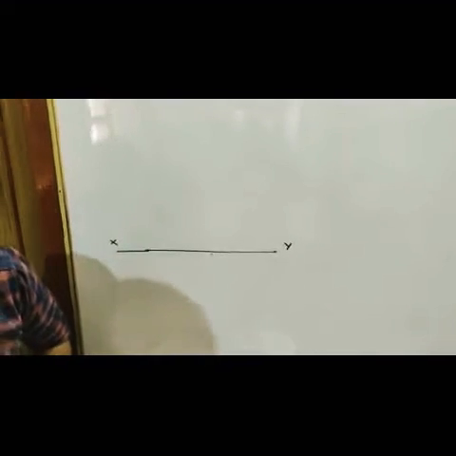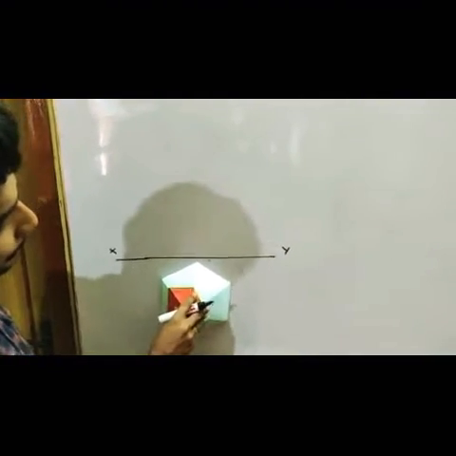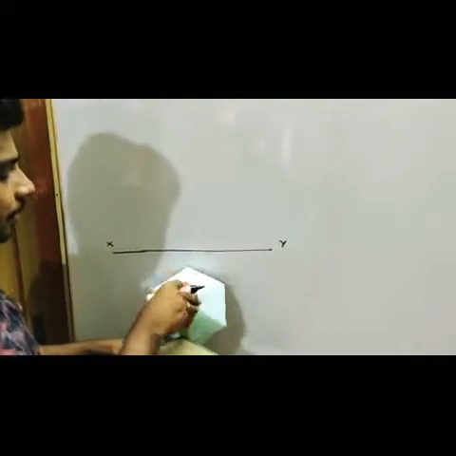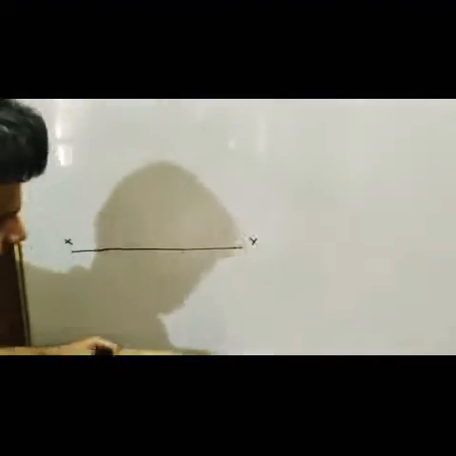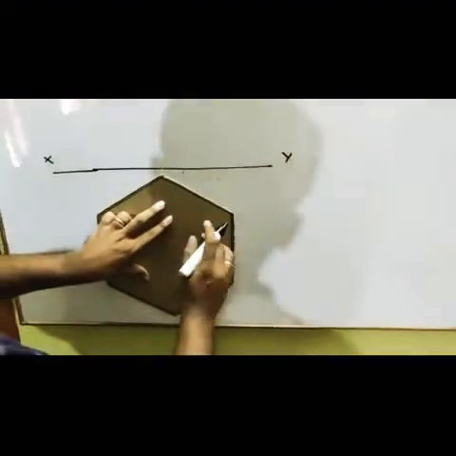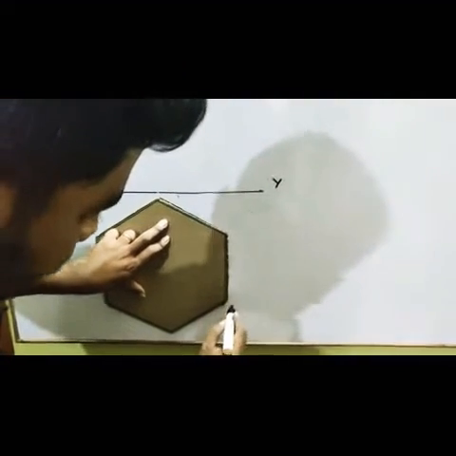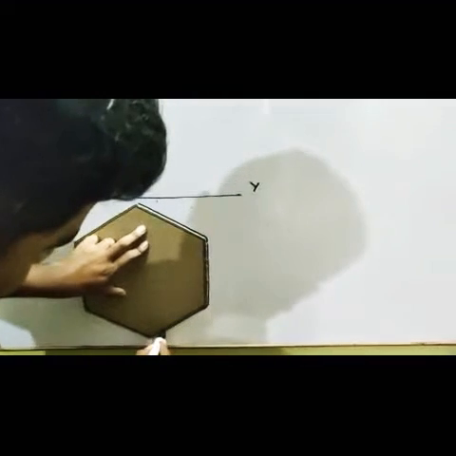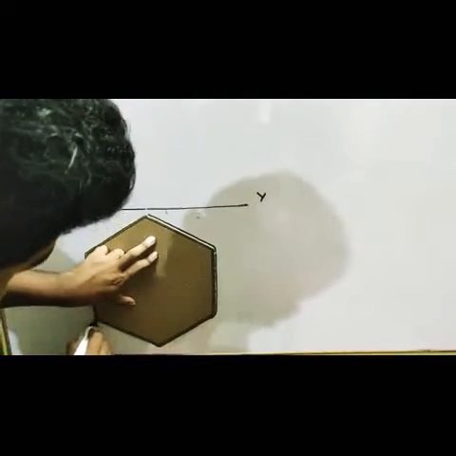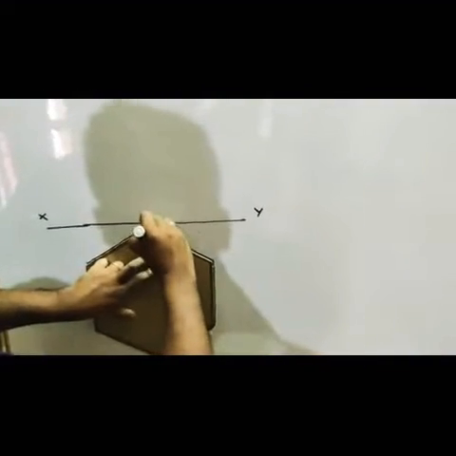A bit extended, right? Then the portions I told you already, the 2 sides will be perpendicular to your VP. That is how you have to place your object. So I am going to place it like this. This is a hexagonal pyramid, which has 6 sides when you are viewing from the top.